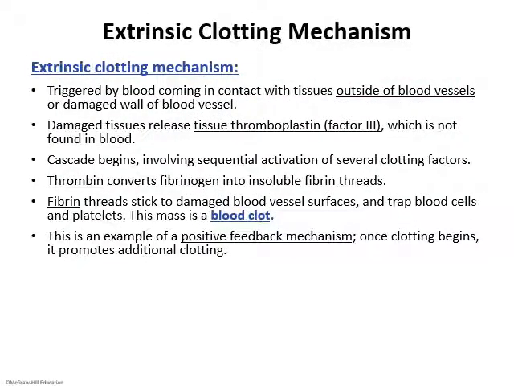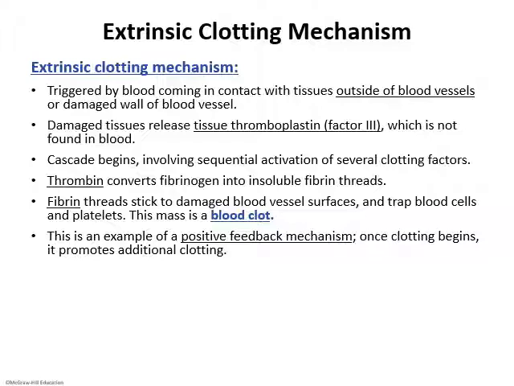Okay, so extrinsic clotting mechanism, again, this comes from the outside of the blood vessel, typically due to trauma. You don't need to remember tissue thromboplastin factor 3. The cascade's going to begin, and then it gets to a point that we call the common pathway, where thrombin is going to convert fibrinogen into fibrin.